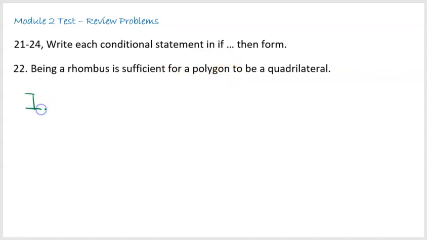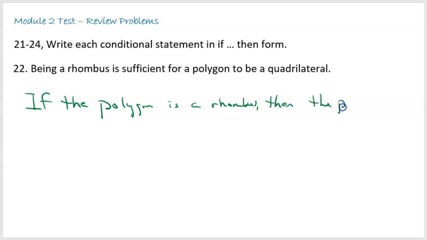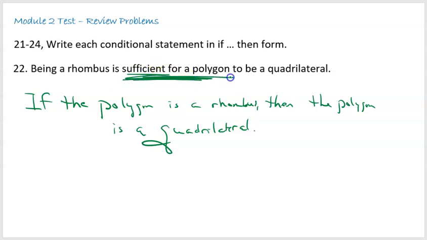So if the polygon is a rhombus, then the polygon is a quadrilateral. What do you think? If the polygon is a rhombus, then the polygon is a quadrilateral. That's a classic if-then statement, but it is sufficient for, okay, the sufficient side is your then statement every time.